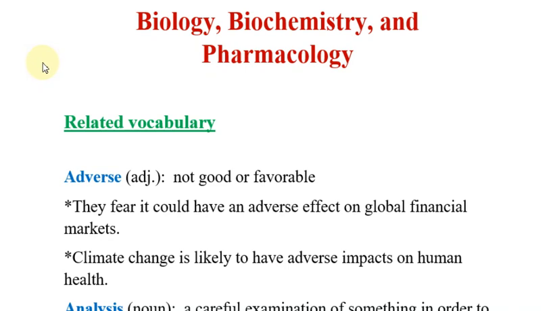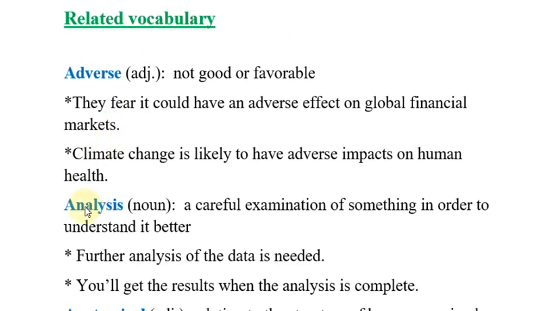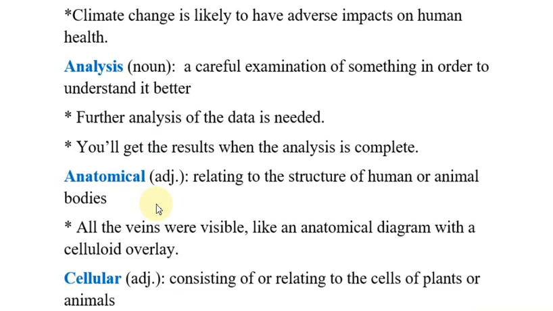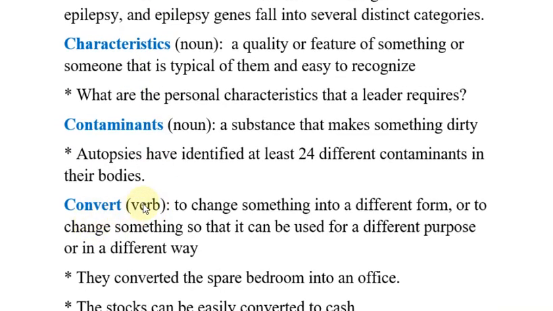One thing that helps you learn the words better is to divide them according to the part of speech. For example, here I have adverse adjective. I wrote it here. And here I have analysis noun, and I have here convert a verb.